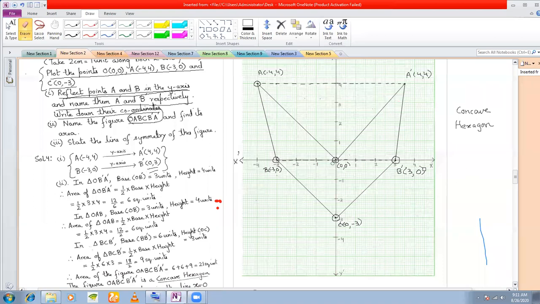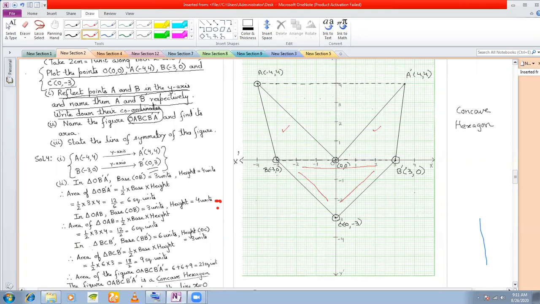Fine. Find its area. It's a very crucial question. How to find out the area? Now see, the area of this figure consists of three triangles. This triangle, and this triangle, right?